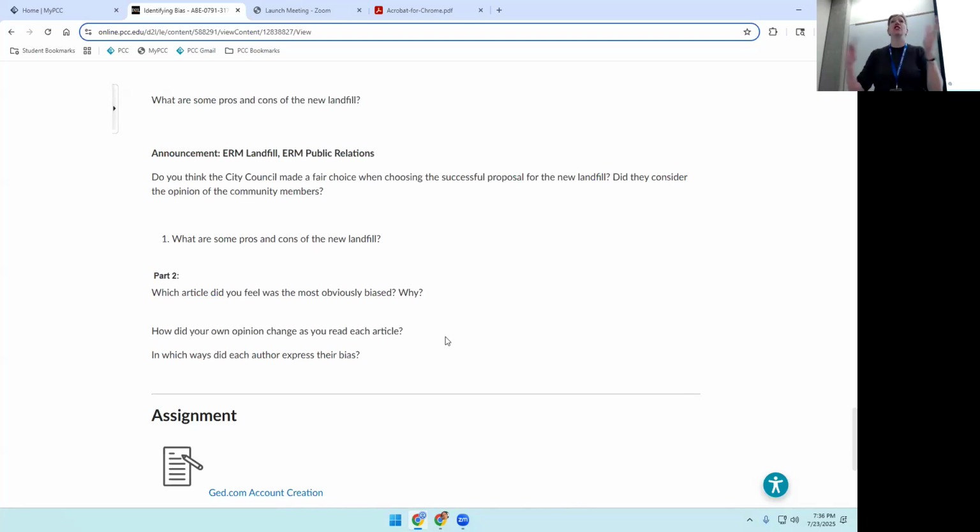How did your opinion change as you read it? Were you agreeing with him in the first article as you read it and then kind of changing along, or you had no opinion? Yeah, no opinion. That's fair. So for us, we put by reading the second and third articles, since the first one was the most biased.